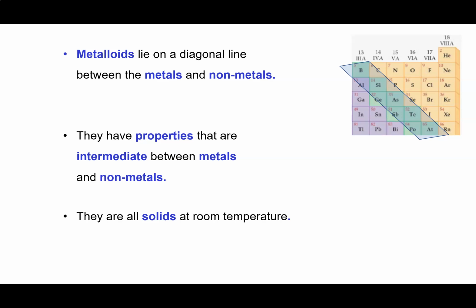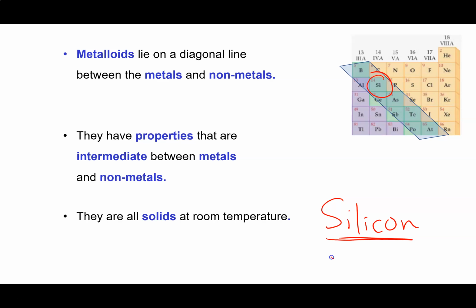Okay, so the metalloids or semi-metals lie on this diagonal line separating the metals from the non-metals, and they have some of the properties of metals and some of the properties of non-metals. They're all solids at room temperature. A good example of a semi-metal or a metalloid would be silicon. You don't want to be confusing this with silicone. Silicon is well known for its use in microelectronics, isn't it?